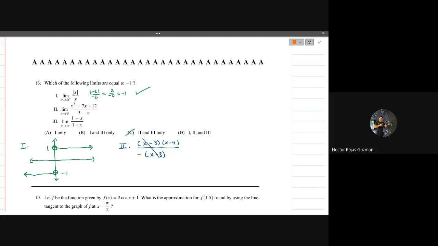If you cancel these out, we get negative (x minus 4). And if we take the limit as x approaches 3, we get negative 1, which is positive 1. So no. So that means D is gone. It contains 2, but it didn't work out. So now number 3.